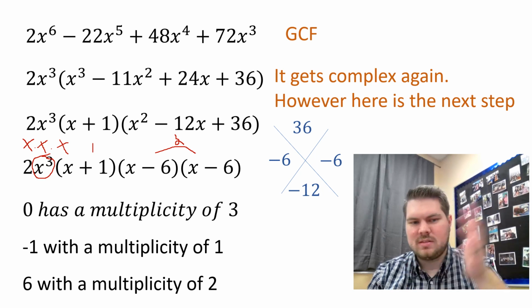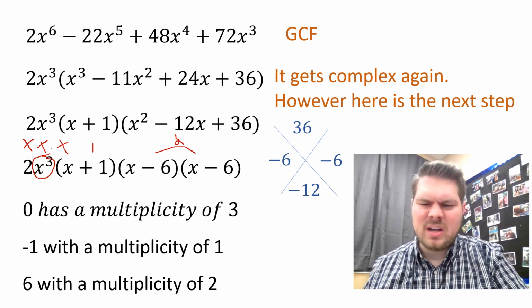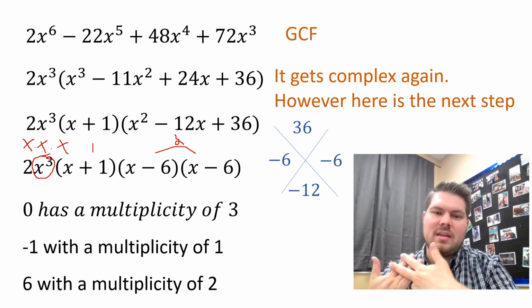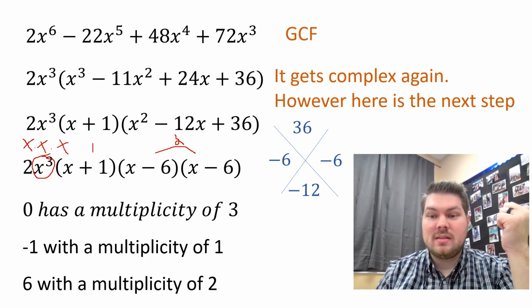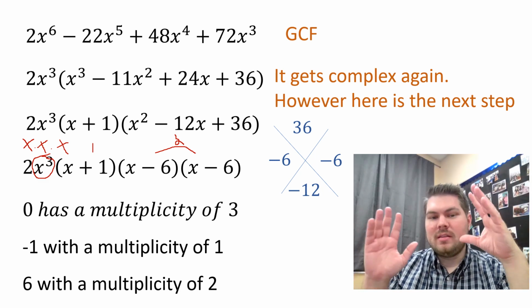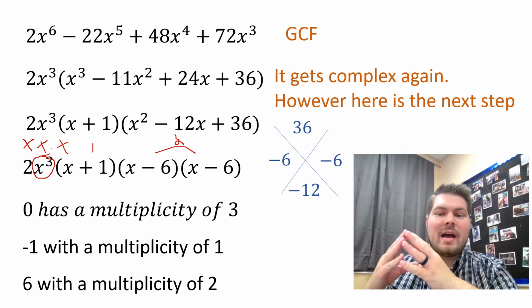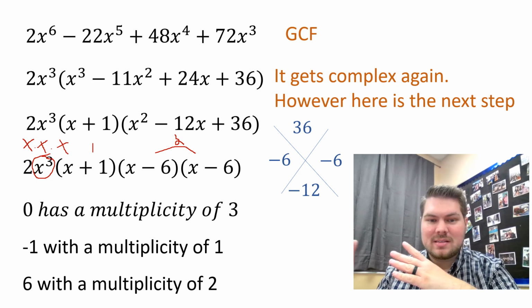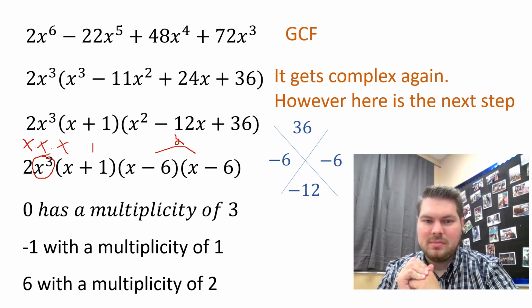Or the root of 0 and the root of -1 and the root of 6. So again, this is basically just saying that if you were to graph it, these are the 3 zeros that the graph would have. Now, it's to the power of 6, meaning it should have 6 intercepts.